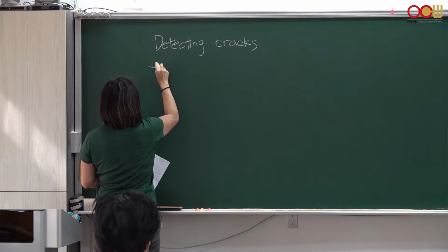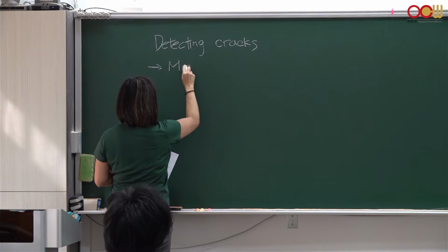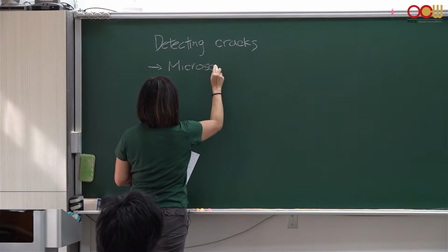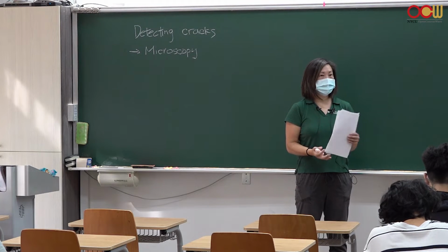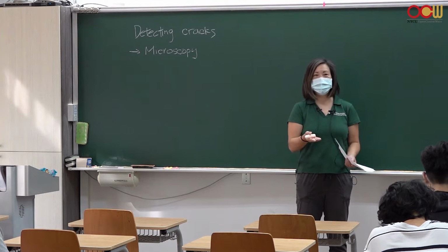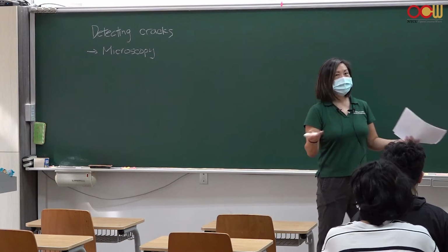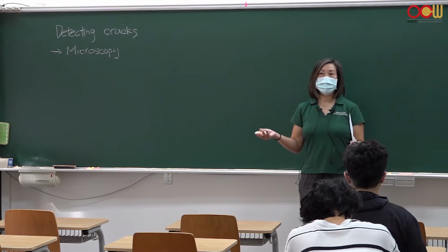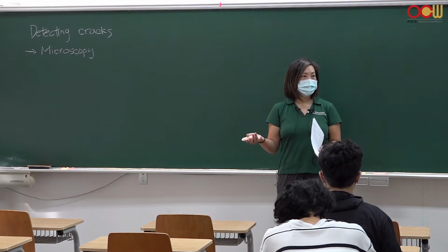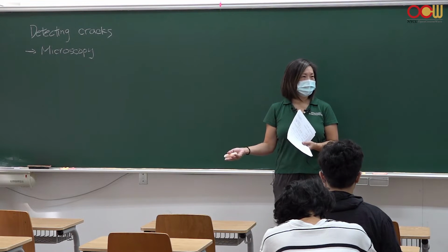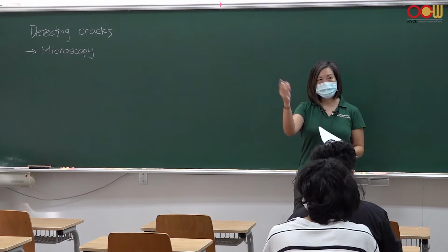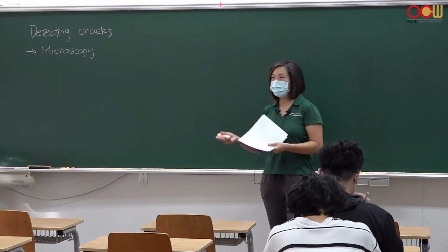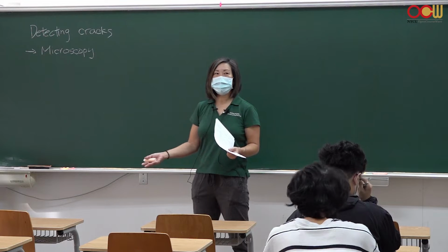Okay, the first way to detect cracks is through microscopy. So using a microscope, it's fine. You take a piece of material, put it under a microscope, even an SEM if you want to. But that's not going to work for a bridge, right? You're not going to take a microscope and go up to a bridge and look at the span of the bridge. It's way too big, and it's not practical.